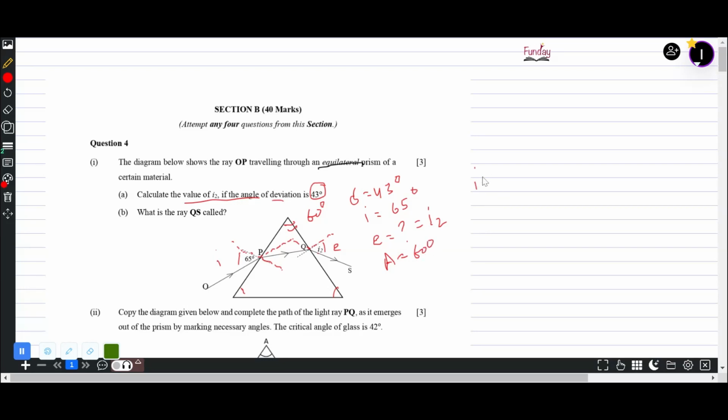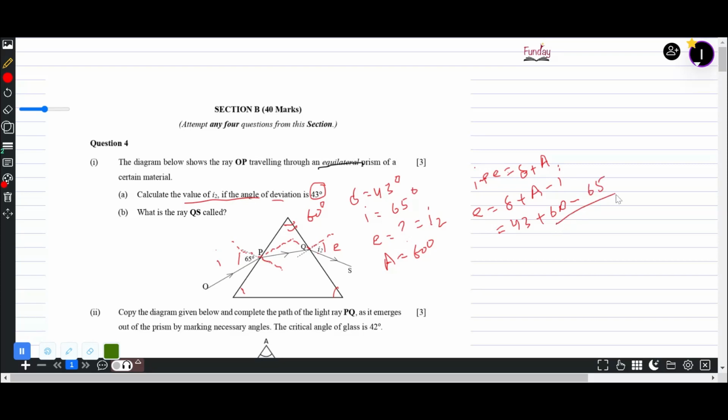So what is the formula? I plus E is equal to deviation plus A, which is delta plus A. So we have to find E, which will be delta plus A minus I. So we have 43 here, 60 here, and I, which is 65.